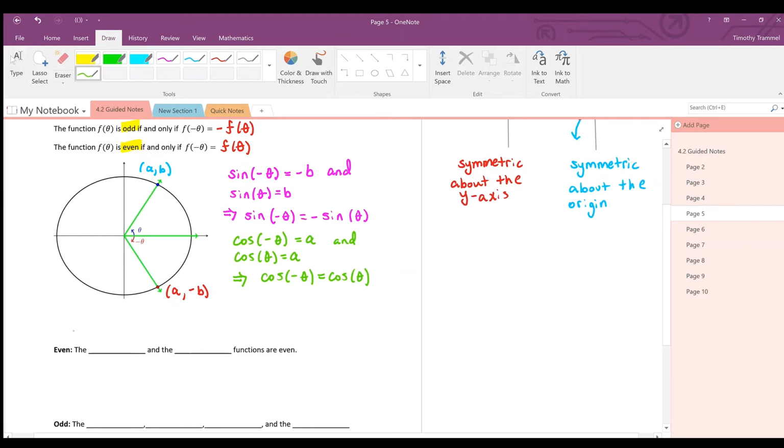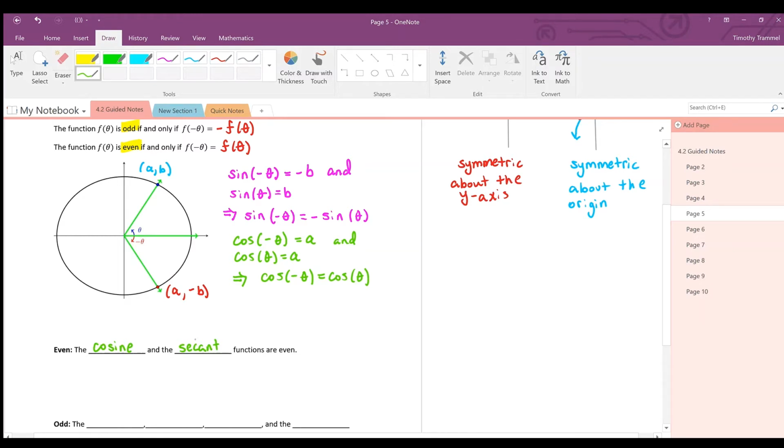So the even functions here are, for one, as we saw up above, cosine. And the other one is secant, 1 over cosine. And we could verify this.